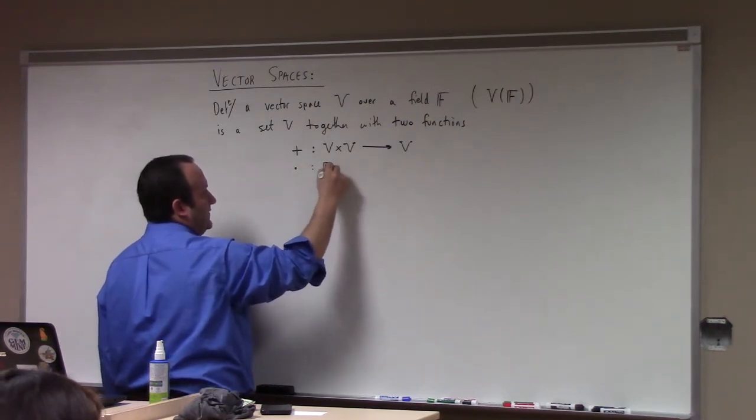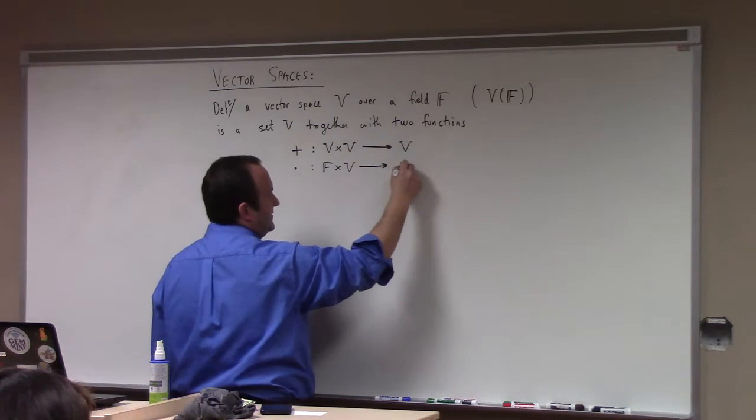Scalar multiplication goes from the field cross the vector space back to the vector space again.